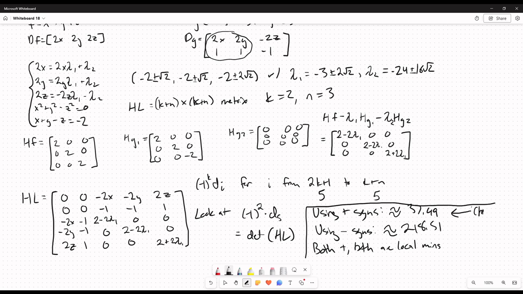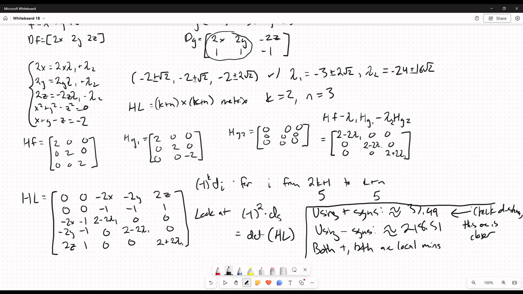Check distance. This one is closer. Which shouldn't be too surprising, because negative plus something, negative plus something, negative plus something should be smaller than negative minus something, negative minus something, negative minus something. Absolute values should work in our favor there.